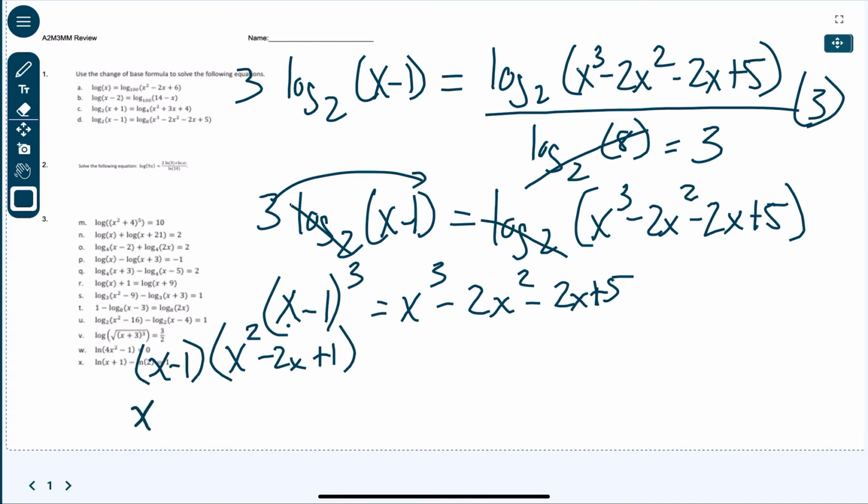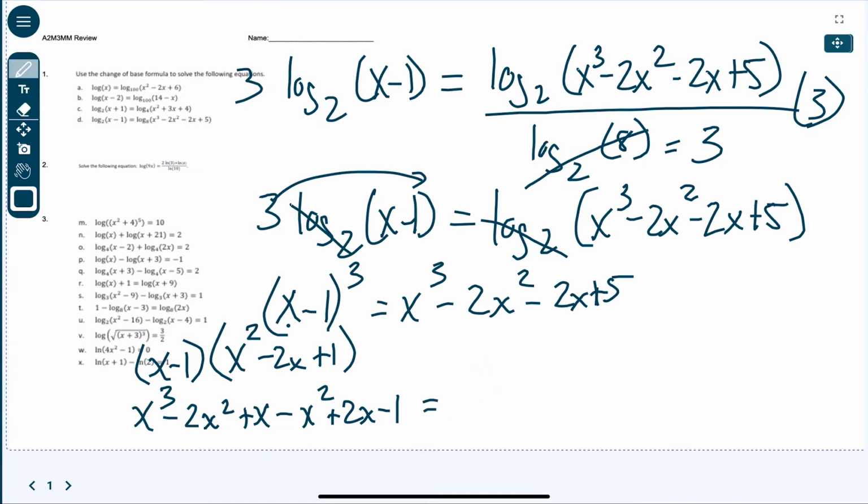So that would be x cubed minus 2x squared plus x minus x squared plus 2x minus 1, which is equal to x cubed.